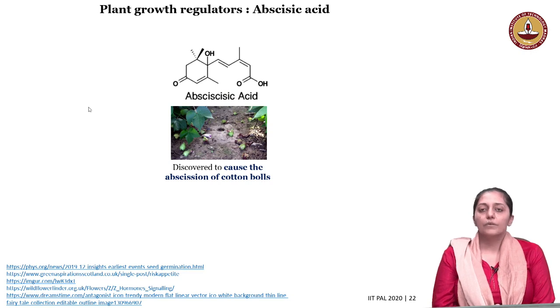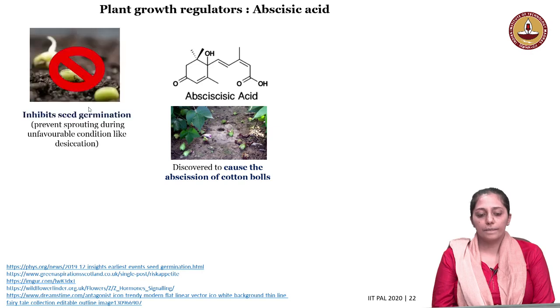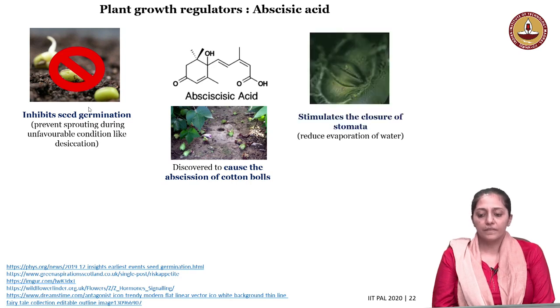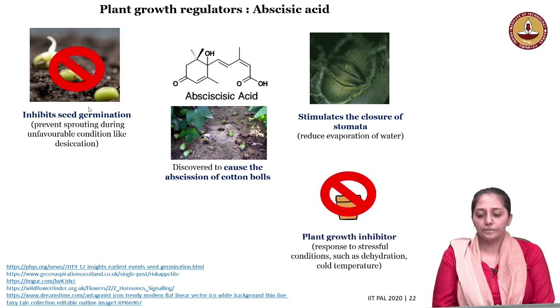Among growth inhibitors or regulators is abscisic acid. It was discovered to cause abscission of cotton balls. It inhibits seed germination, which can be a protective mechanism by the plant during adverse conditions. So, it will prevent sprouting during unfavorable conditions like desiccation. It helps by stimulating the closure of stomata in case of drought conditions, thereby reducing the evaporation of water.